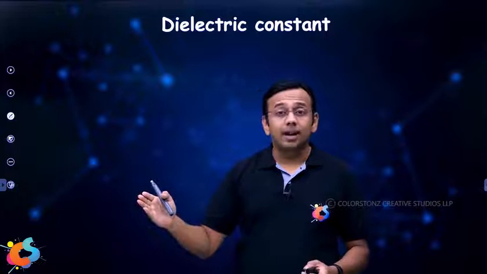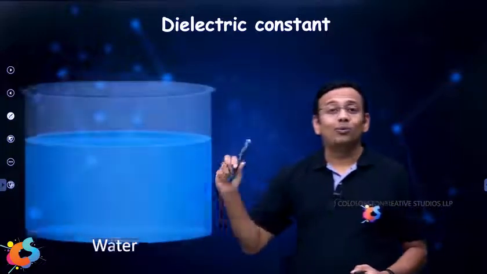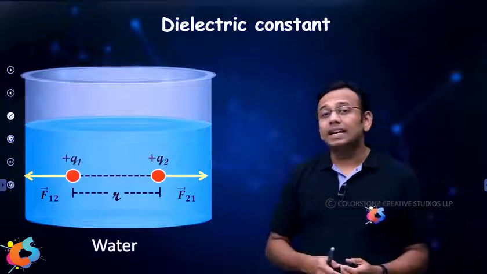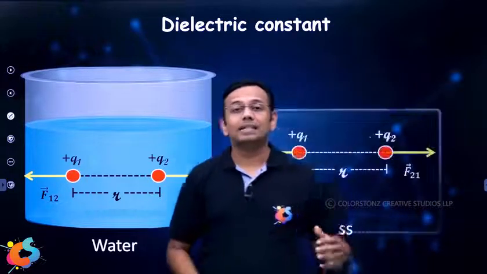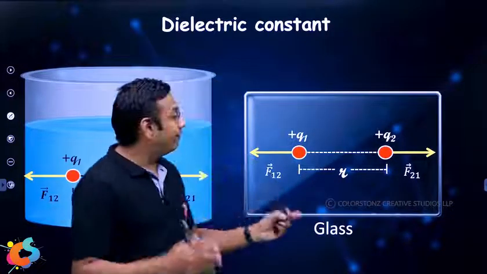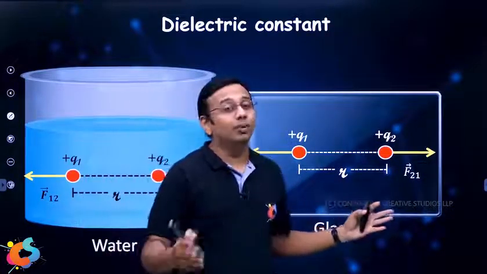So suppose the same setup which we had initially, that means two charges Q1, Q2 separated by a distance r, is now kept in water instead of vacuum or free space. Or let's say it is kept in some other medium, let's say like glass. Then we are saying that the force between the particles is going to change.